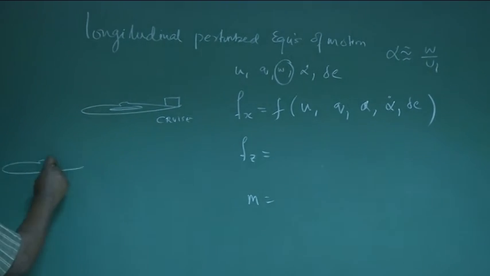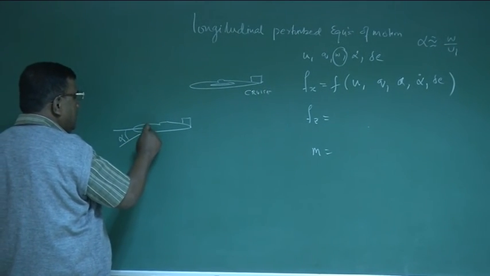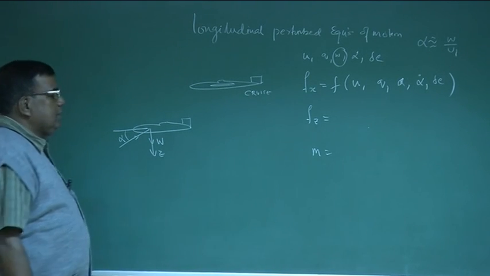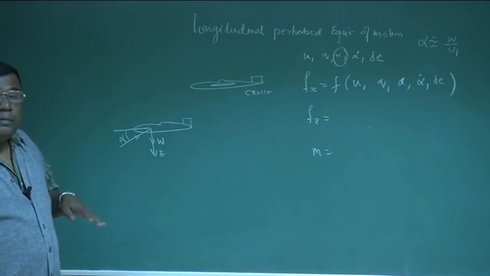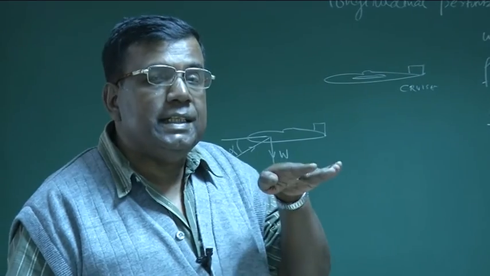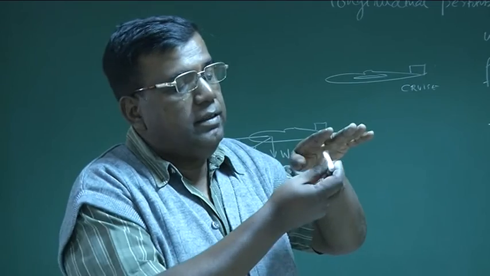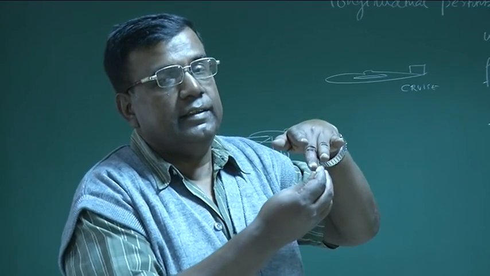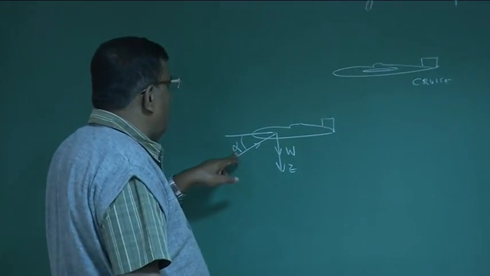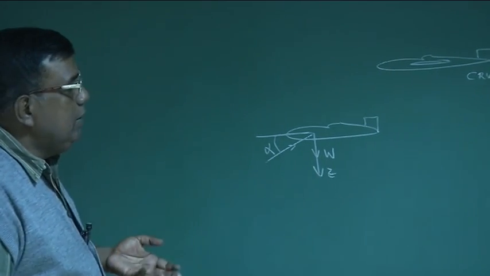That is, if I take this body like this, and if there is an alpha here, perturbed alpha, then there will be a component of this velocity which is W along z direction, right? During perturbation, because we have used stability axis which is only at steady state. That direction is fixed under the condition of steady state. That is, at steady state, whatever the velocity vector is there, x-axis is there. But when there is a perturbation, then there will be a perturbed alpha. So we are talking about perturbed alpha. This is perturbed W, that is component along the z direction.